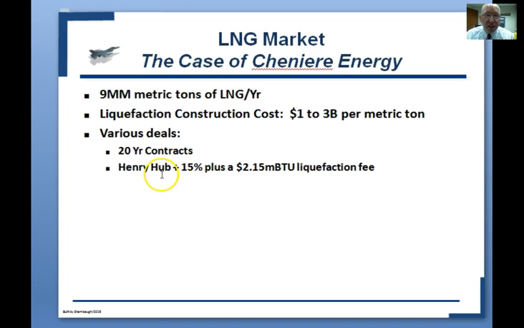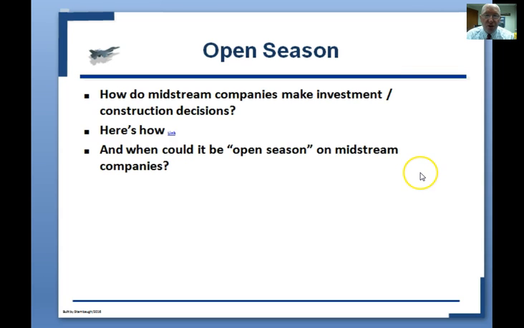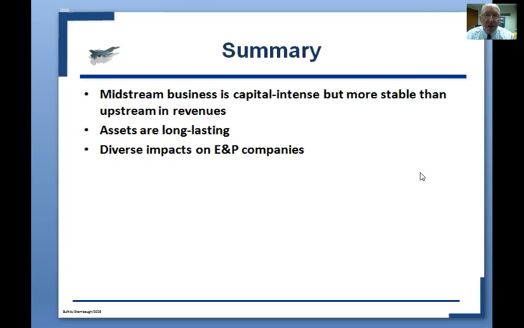And again, you can see this is the deal that Cheniere was doing: they were charging Henry Hub plus 15% plus the $2.15 per million BTU liquefaction fee. Well, remember the Henry Hub price is about $2.50 to $3 right now for gas. So it costs almost as much to liquefy it as it does to pay for the gas. And because of these heavy upfront investments, they try to secure long-term contracts.